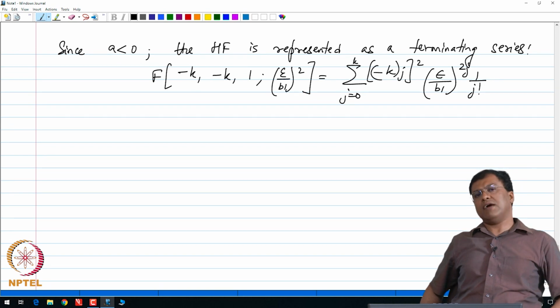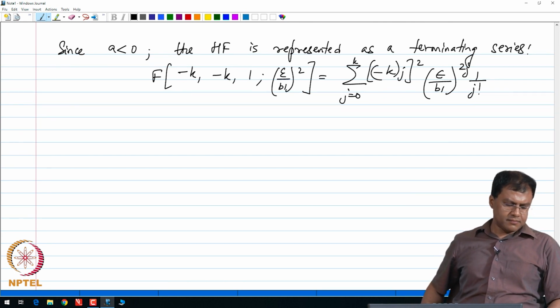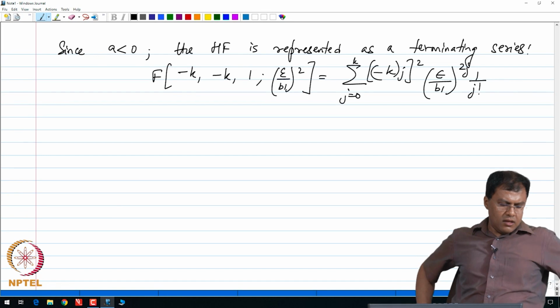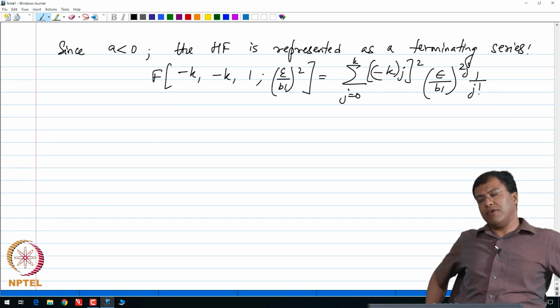The questions that we have to answer to describe this oscillatory motion: the first question, even before that, is whether the motion is going to start.